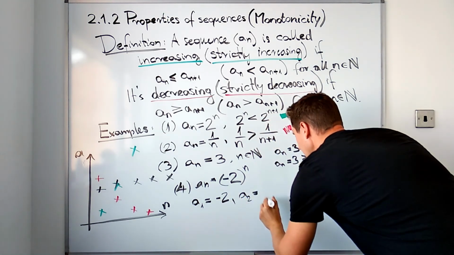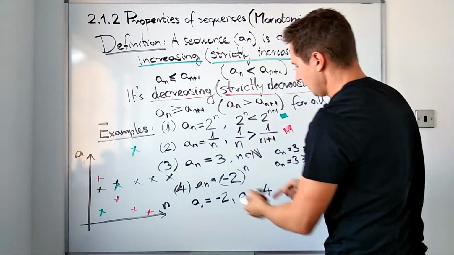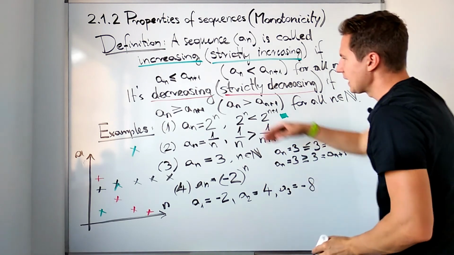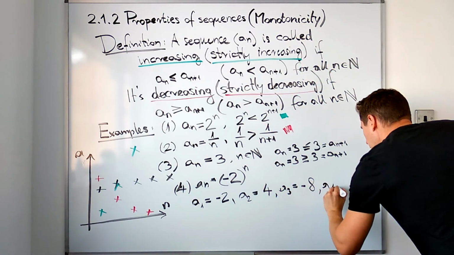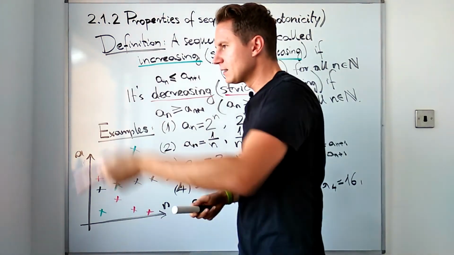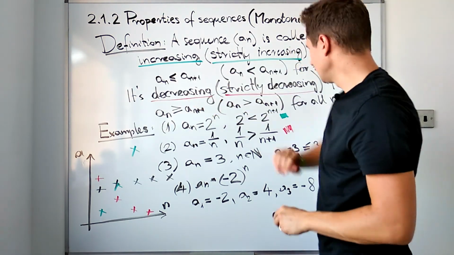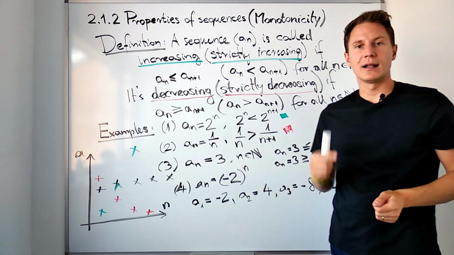First we have -2, then we have +4, which is greater than the previous term, but then we get -8, which is again going down. Then the fourth term in the sequence is +16. Now it went up. So it's jumping around up and down. It's neither increasing nor decreasing. I hope you got these right, and I'll see you in the next one.